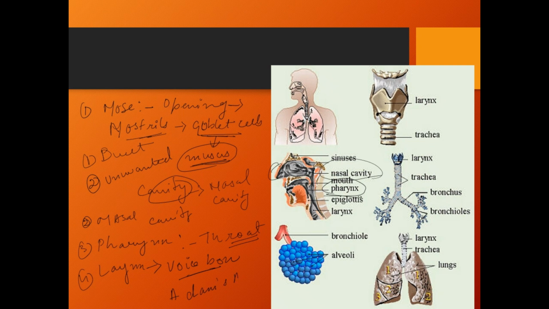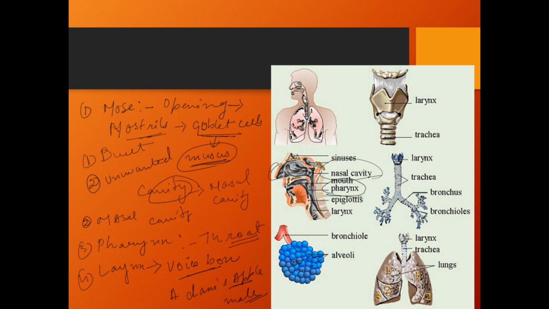When the Adam's apple develops, the voice becomes deeper in case of males. So this Adam's apple develops in males after puberty. This results in a prominent voice, developing the voice structure or modulation.